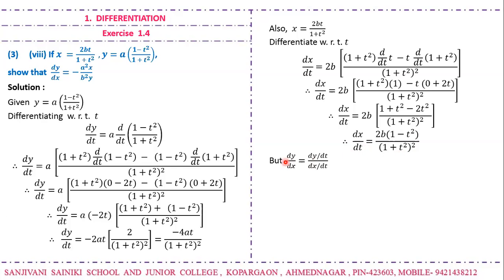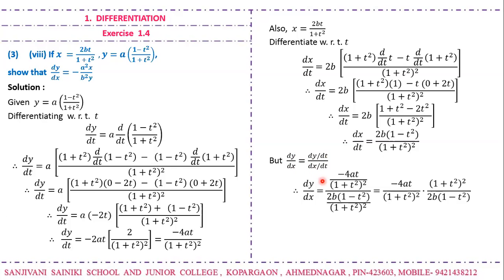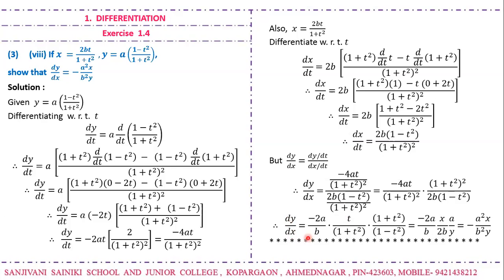Now the parametric differentiation is given by dy by dx is dy by dt upon dx by dt. I will put the values in this formula. So simplify it, you get dy by dx as minus 2a upon b into t upon 1 plus t square into 1 plus t square upon 1 minus t square. So for this function I will put x upon 2b, and for this function I will put a upon y.